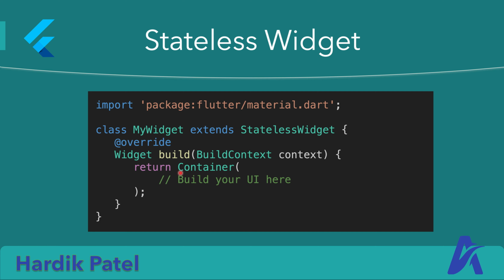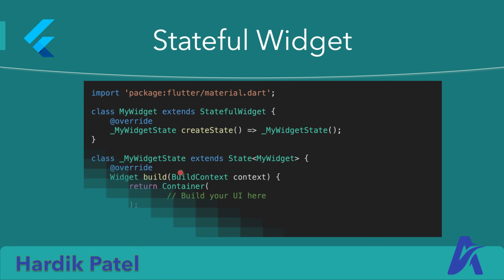And the stateful widget has a different syntax, like this. In the stateless widget we had only one widget class where you just need to extend StatelessWidget and override the build method. But in this case there is something different: you need to override the createState method, which will provide the object of this MyWidgetState class, which we have implemented here.